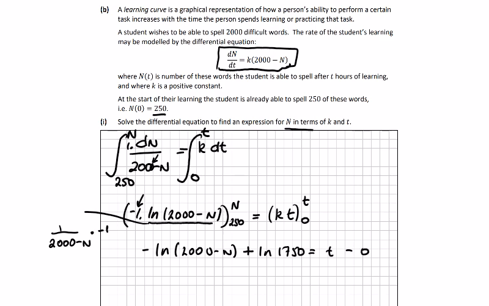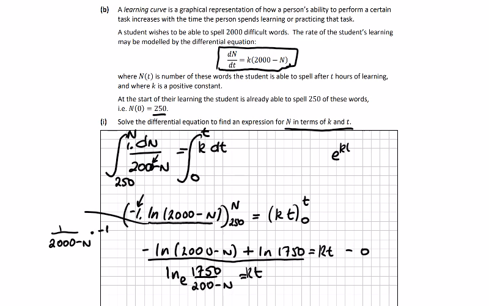So we want n in terms of k and t. The natural log of 1750 over 2000 minus n is equal to kt. There's a base e here that we don't see, so e to the power kt.